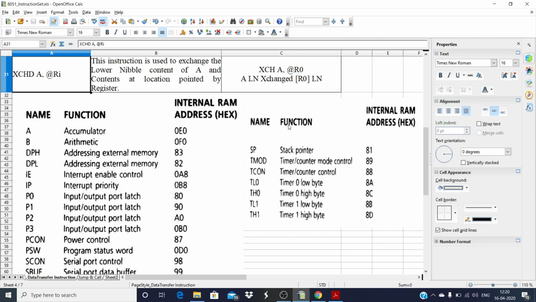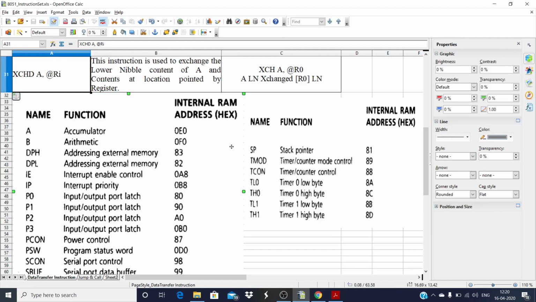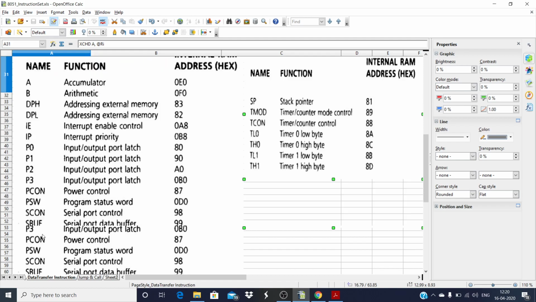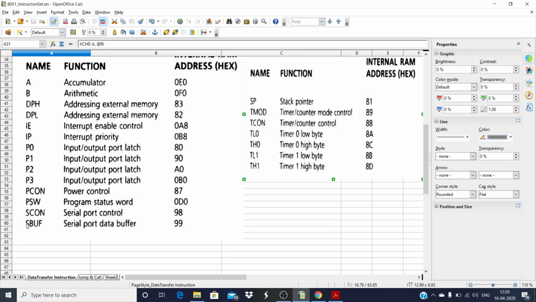No problem. So this image and this image, these two images show the SFRs of 8051. SFR A, B, DPH, DPL, IE, IP, P0, P1, P2, P3, PCON, PSW, SCON, SBUF, SP, SMOD, TCON, TL0, TH0, TL1, TH1.